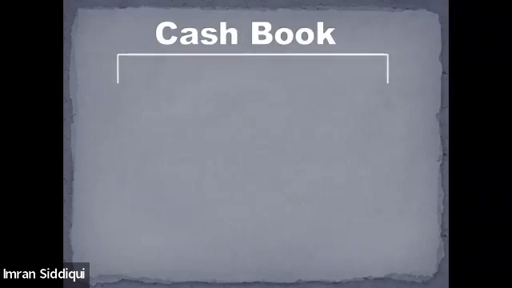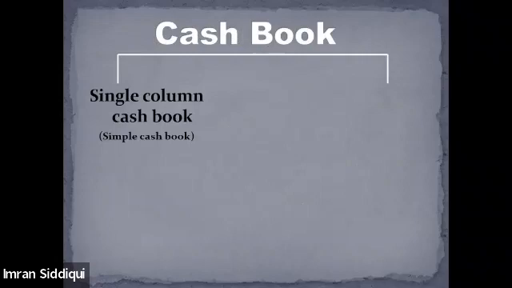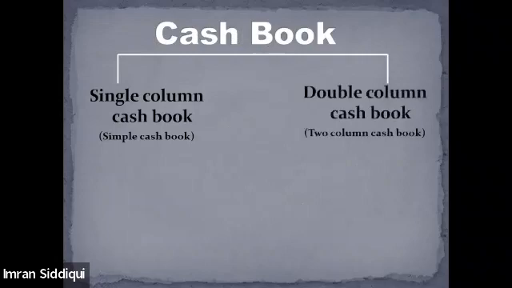Now in this chapter, we have to cover two types of cash book. Firstly, the single column cash book, also known as the simple cash book. Then we have the double column cash book, or the two column cash book.